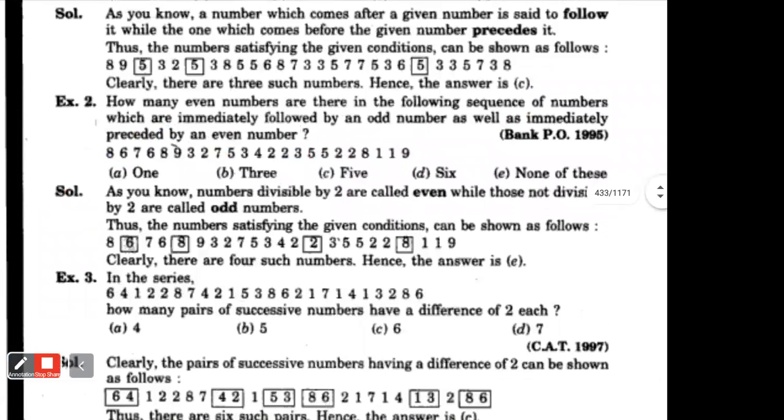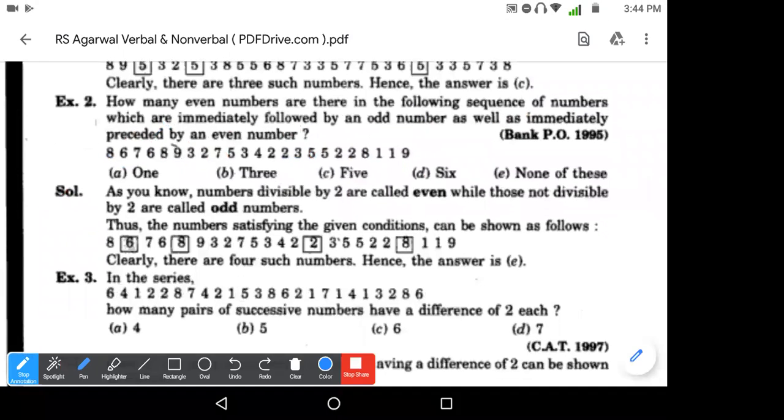How many even numbers are there? Here I am seeing the second question. How many even numbers are there in the following sequence of numbers which are immediately followed by an odd number as well as immediately preceded by an even number? So we have to find out even numbers.